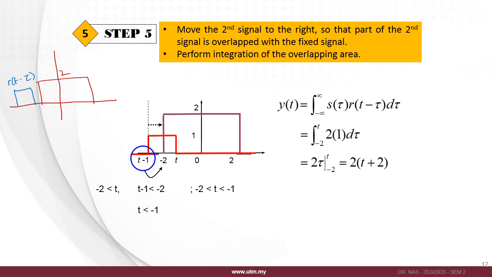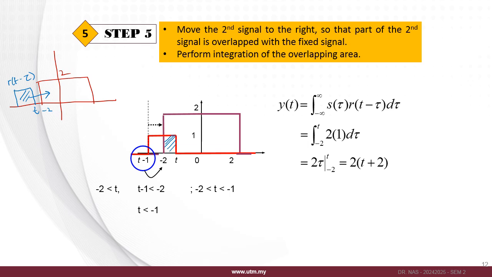There was no overlapping in the earlier step. So now we move this signal into the fixed signal so that part of the second signal is overlapped. We can see now part of the second signal is overlapped with the fixed signal.